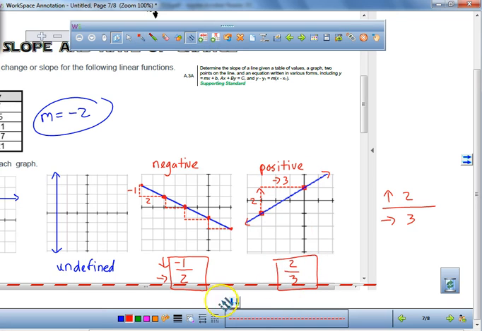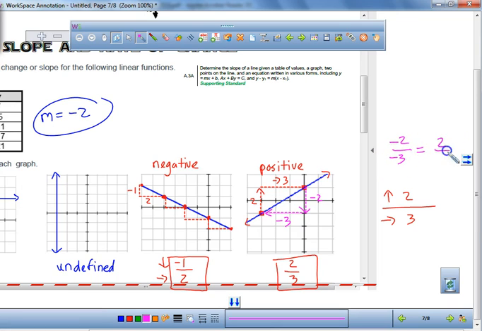Now some students will do this. From this point, they will go down 2 units and over 3 units. So watch very carefully. If I go down 2 units, that means it's going negative 2. If I go to the left 3 units, that's negative 3. Well, what's negative 2 divided by negative 3? What happens to those negatives?